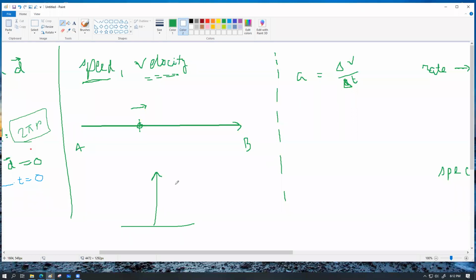Think about it. If you throw an object vertically upwards, the object is going to start going upwards as it leaves your hand. So we start the time count as the object leaves your hand. It means the object has some initial velocity upwards, but since it's going to go against gravity, or in the opposite direction of the weight, it's going to slow down.